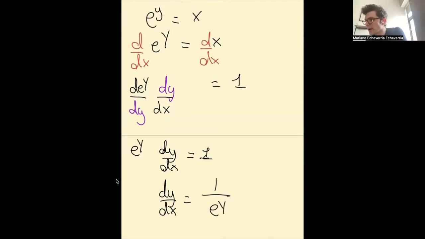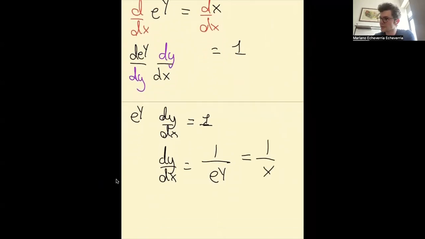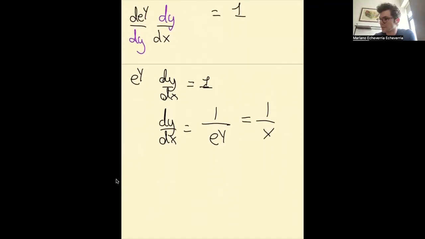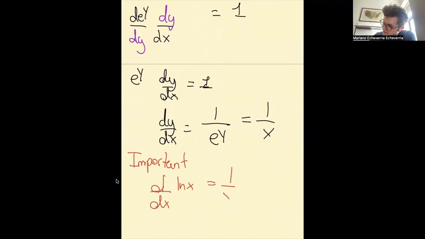But what is e to the y? e to the y is x. So you get 1 over x. So that means that, and finally we get to the important thing, this is the important result: the derivative with respect to x of the natural log is just 1 over x.